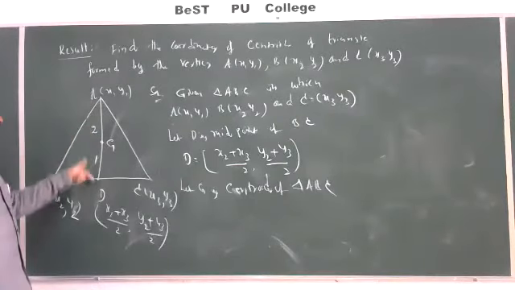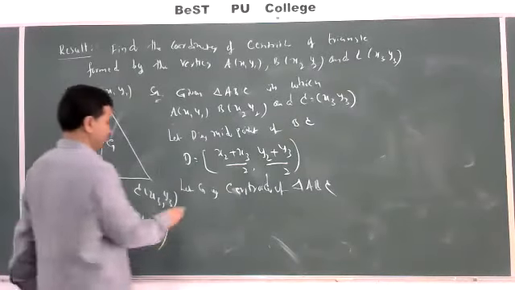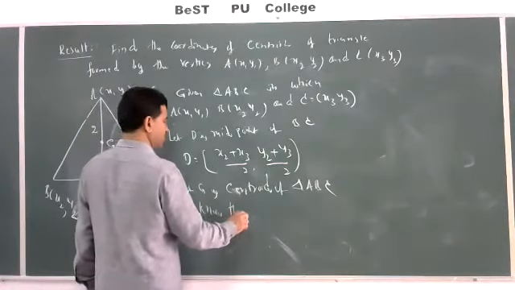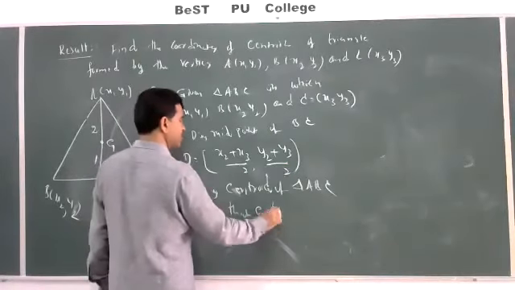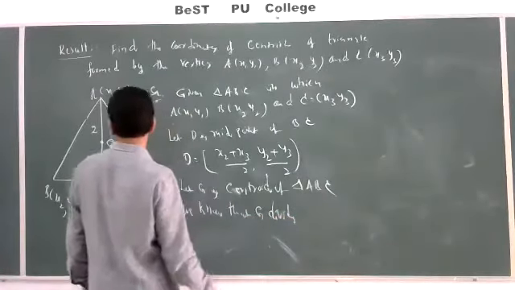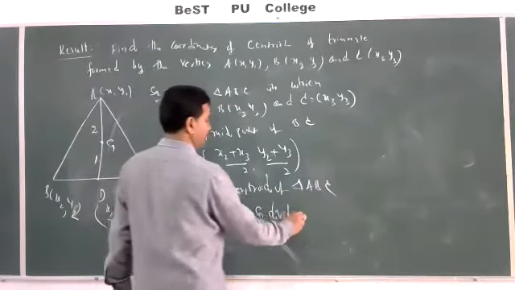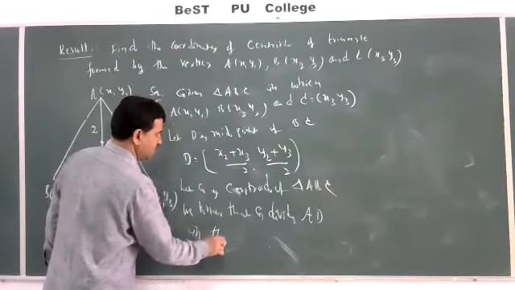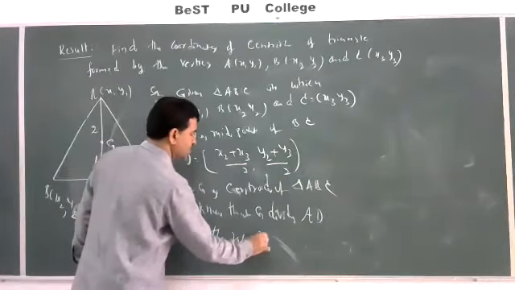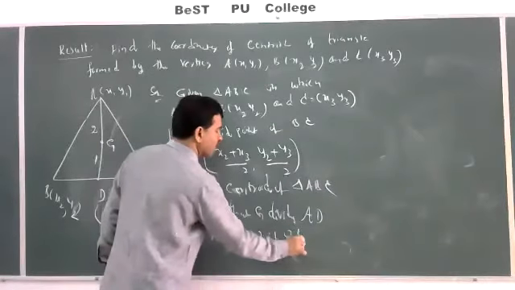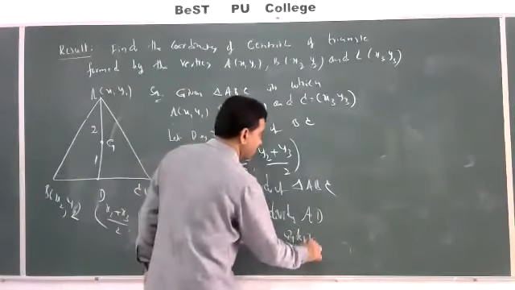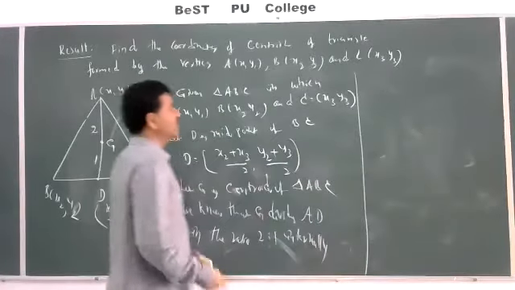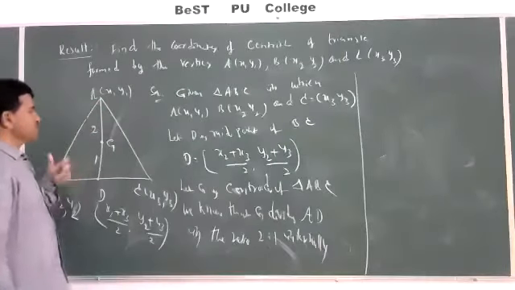We know that G divides AD in the ratio 2:1 internally. This is the main property of the centroid: the centroid always divides the median in the ratio 2:1.